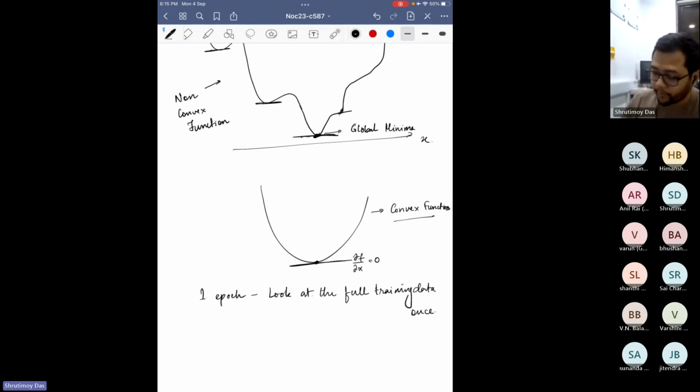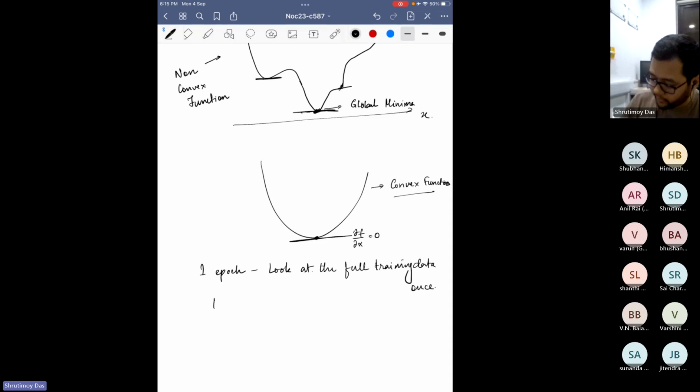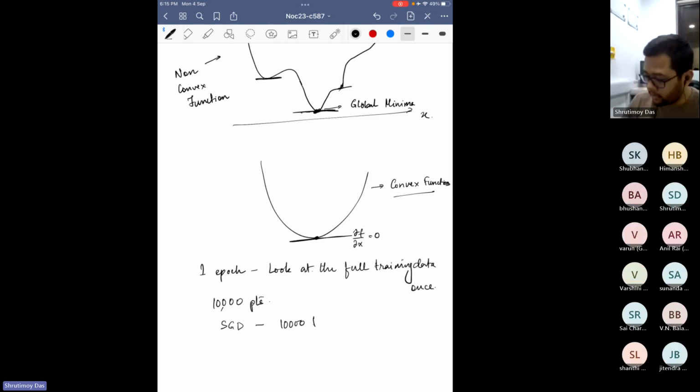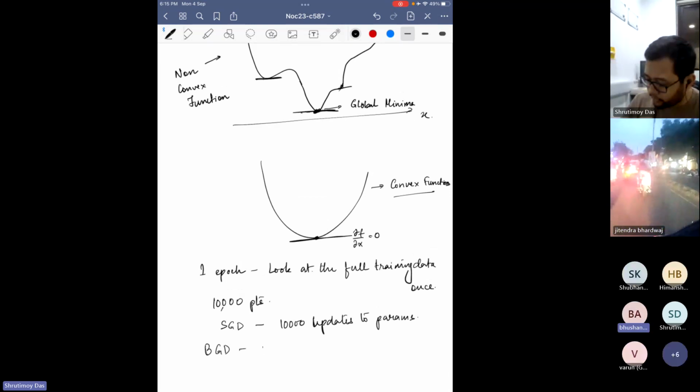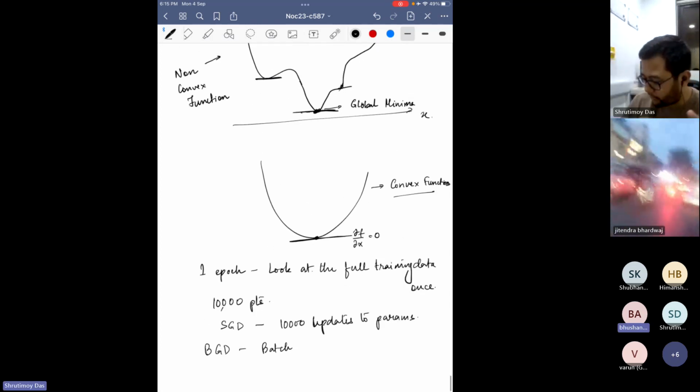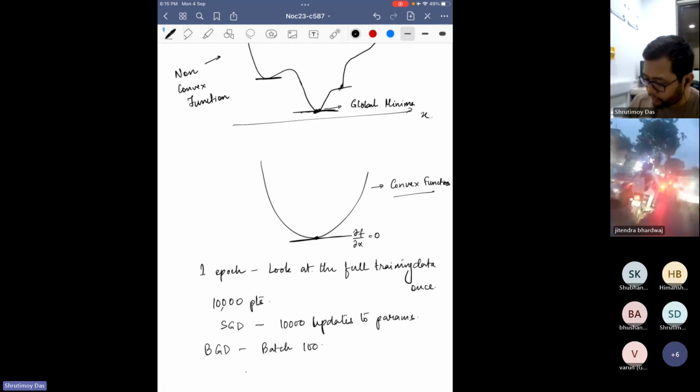For stochastic gradient descent, you will update your parameters 10,000 times, because each time you take a gradient, you update the parameters. But if you are doing batched gradient descent and suppose your batch size is say 100, you will have 100 updates to the parameters.